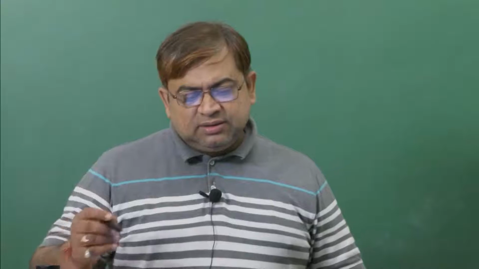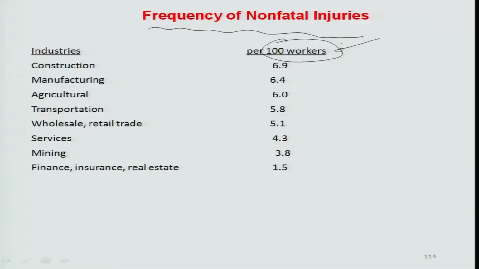These numbers are for any 100 workers, and in construction such non-fatal injuries could be as high as 6.9, similarly manufacturing about 6.4, agriculture 6.0. You see that in the mining area, the non-fatal injuries are quite low in comparison to the fatal injuries, of course over a large number of workers, but it does indicate which sectors are really very concerning in terms of fatal injuries, where the non-fatal injuries may not be so high in comparison to the other sectors.